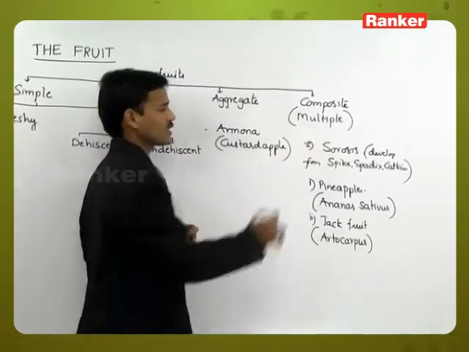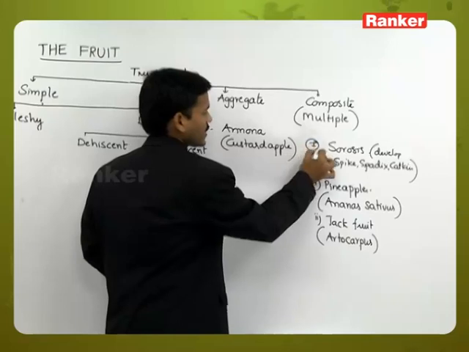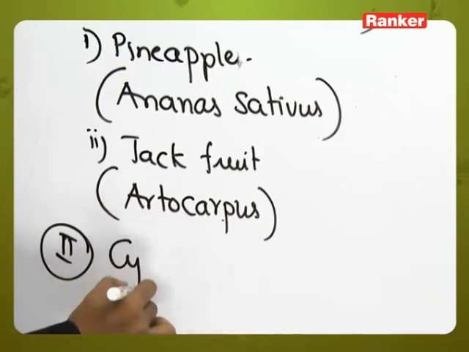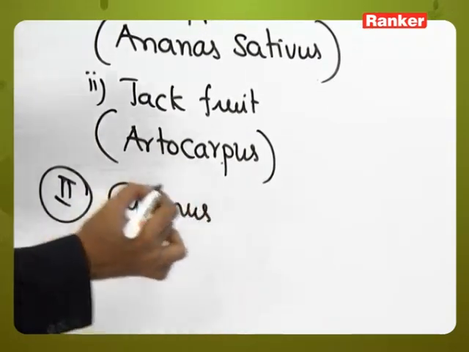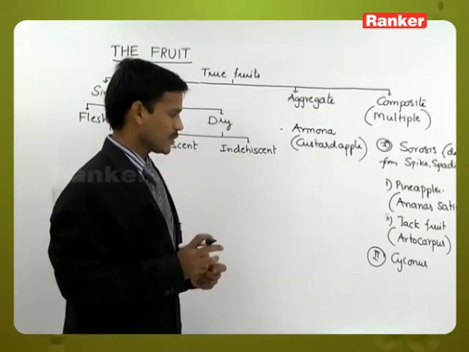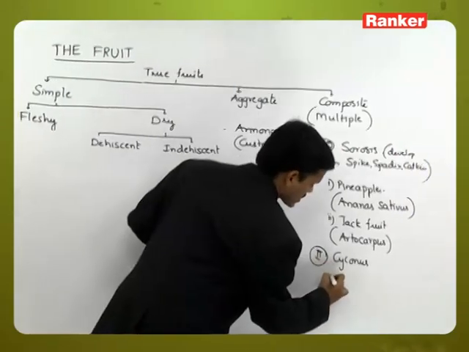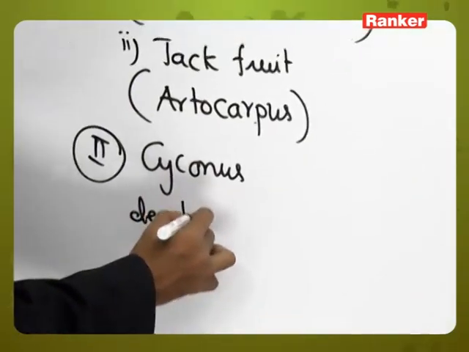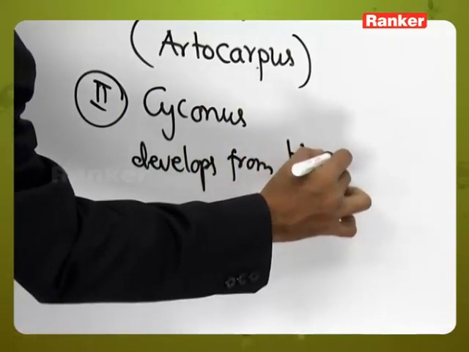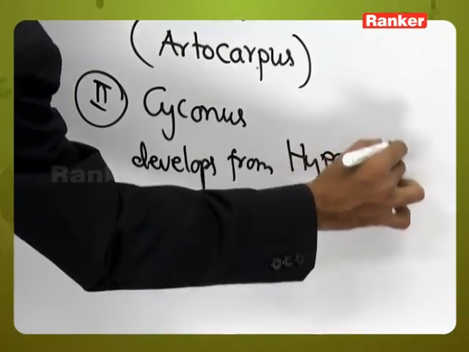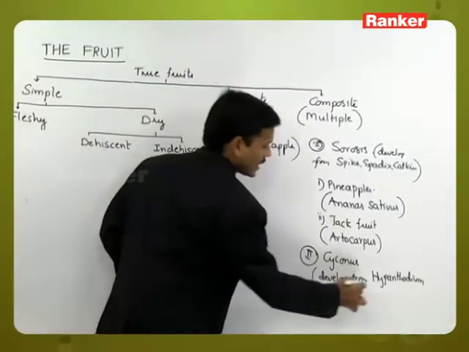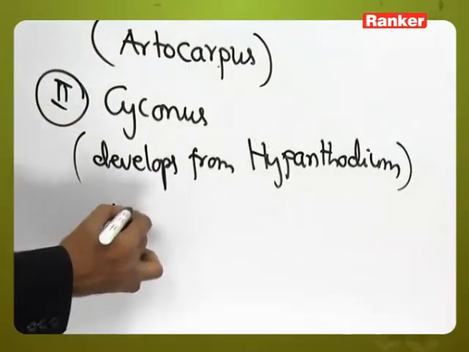Total two types are there, Sorosis, and the second type is Syconus. Syconus fruit develops from Hypanthodium inflorescence. Hypanthodium inflorescence is observed in the ficus. An example for Syconus is ficus.